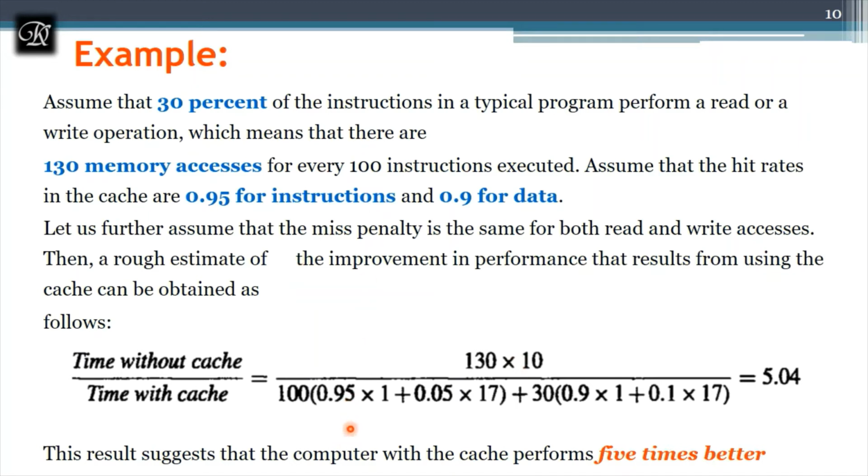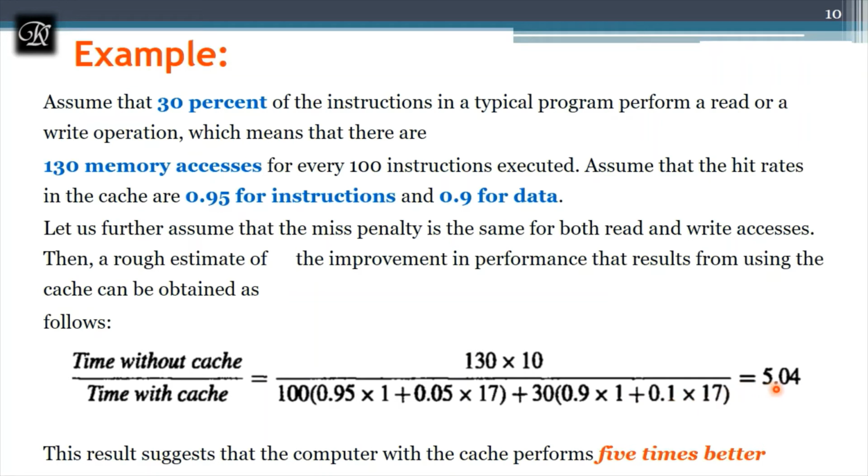Out of 100 instructions, we have 0.95 in the cache plus the remaining 0.05 times 17, where 17 is the interleaved clock cycles. The remaining 30 out of 100 will be data operands, taking 0.9 times 1 for the cache, plus the remaining 0.1 times 17 clock cycles.